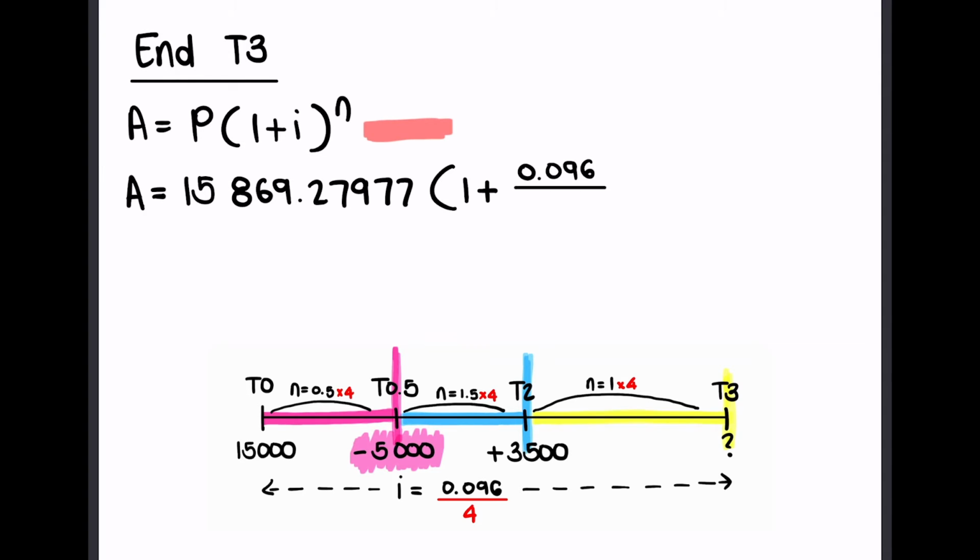It's compounded quarterly, so I'm going to divide it by 4. The N, or the time period, is 1 year, but it's compounded quarterly, so it's times by 4. So therefore, A is equal to, remember your units, and it comes to 17,448.46.